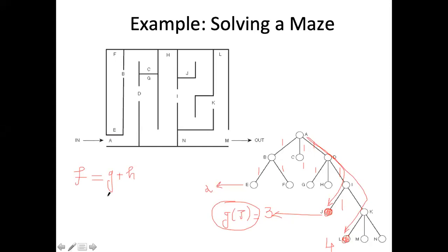And G cost is the path cost, and H cost is the heuristic cost. What is heuristic cost? Heuristic cost is primarily an estimate of the future traversal from your present state to your goal state. And you evaluate this based on some heuristic.